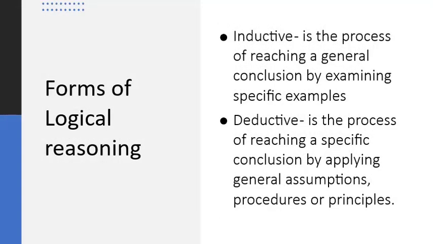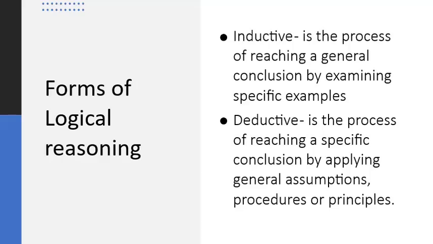There are two forms of logical reasoning. One is inductive, which is the process of reaching a general conclusion by examining specific examples. The second one is deductive, which is the process of reaching a specific conclusion by applying general assumptions, procedures, or principles.